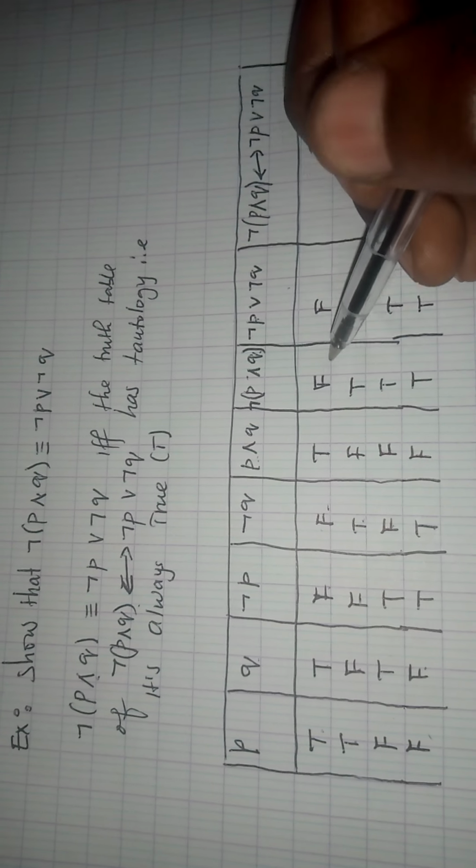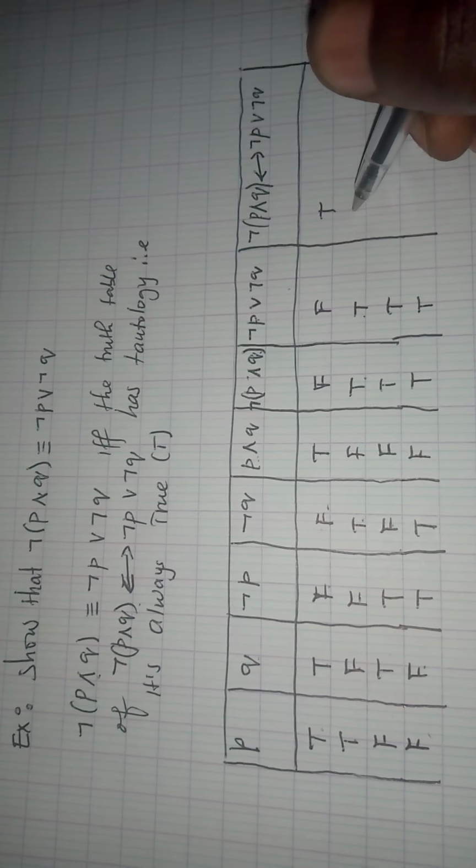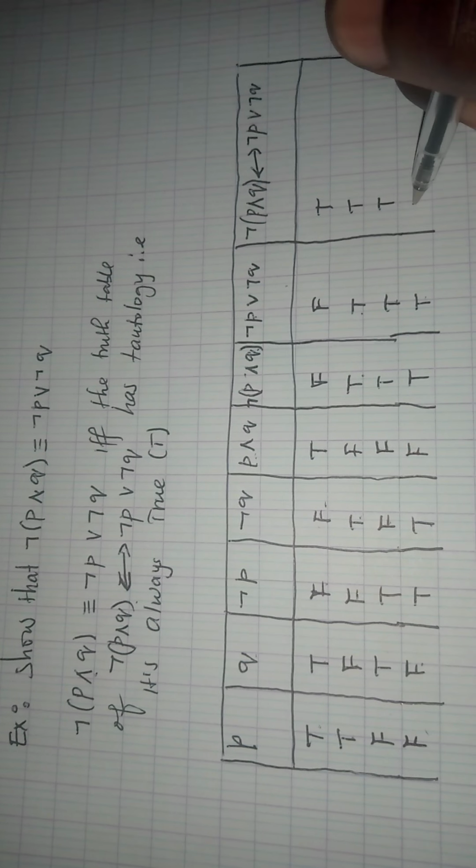So here F and F will give T, then here is T, here T, and then T.